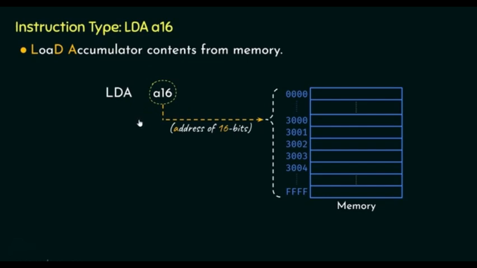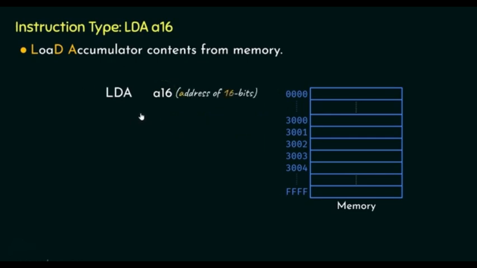So can you figure out in which category lengthwise this instruction will fall in? Think about it. LDA is going to occupy 8 bits of space, and within the instruction itself, we are sending a 16 bits address. So cumulatively, the entire instruction will fall under the category of 3-byte long instructions.